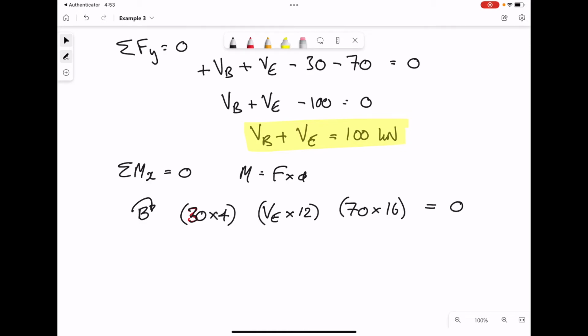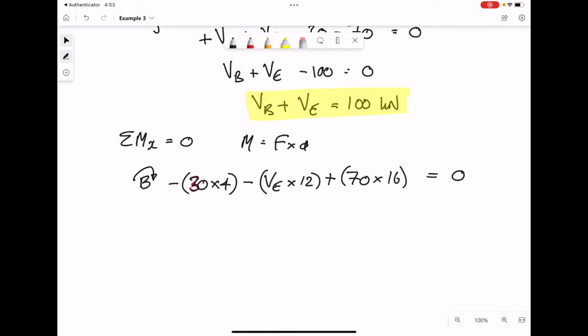Updating these signs into our moment equation, the 30 kilonewtons, that was negative. The reaction force VE, that was another negative moment. The 70 kilonewtons on the end, that was a positive moment. Working this through, we now have minus 120 minus 12 VE plus 1120 equals 0.